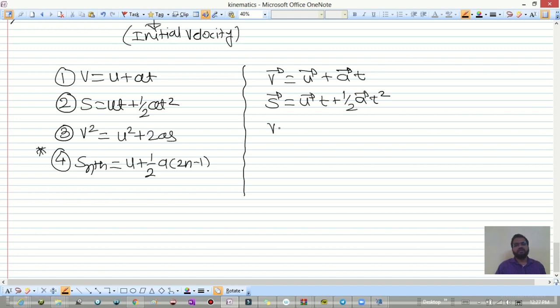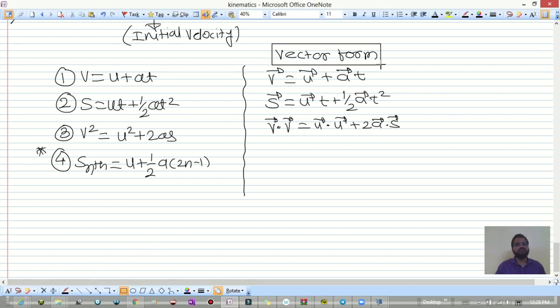Then v bar dot v bar is equal to u bar dot u bar plus 2 a bar dot s bar. So these three equations are in vector form, and if you want you can write these equations in vector form. I hope this is clear to you all.